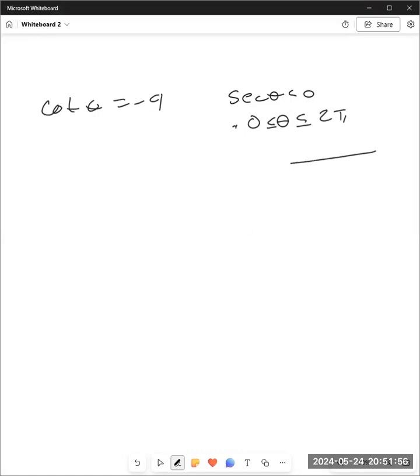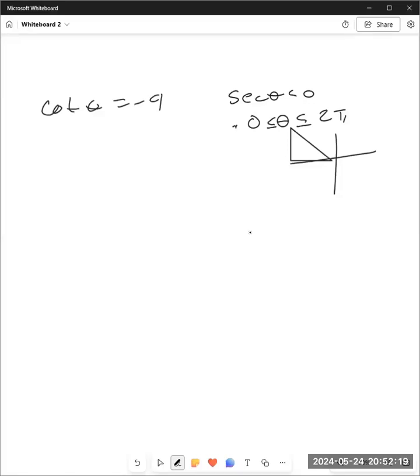So we have to think what quadrant we're in. Negative cotangent is going to put us in quadrants 2 or 4. And negative secant value is going to put us in quadrant 2. So let's go ahead and draw our triangle in quadrant 2.